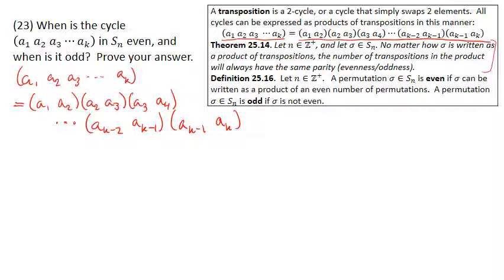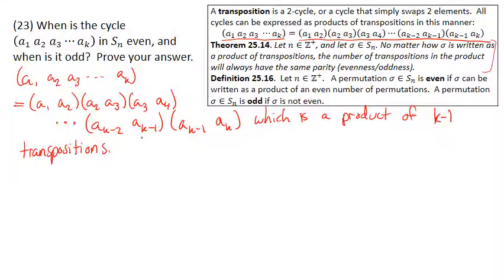And so how many transpositions was that? If we use the first number in each transposition and count by the subscripts, it goes 1, 2, 3, and then it stops at k minus 1. So this is a product of k minus 1 transpositions.